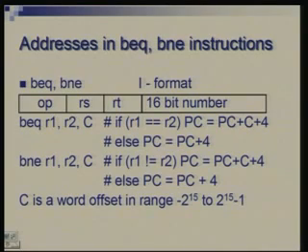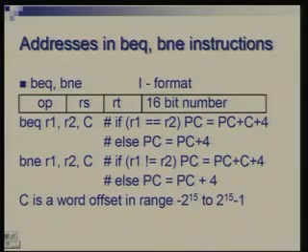So, when you are using assembly language, you simply write a label, and the label of destination could be after the current instruction, it could be before the current instruction. Assembler will automatically generate a corresponding offset, either a positive or negative. The offset here is in terms of word, okay. It is not a byte offset, it is a word offset, because we know that addresses for instructions are always multiples of 4.